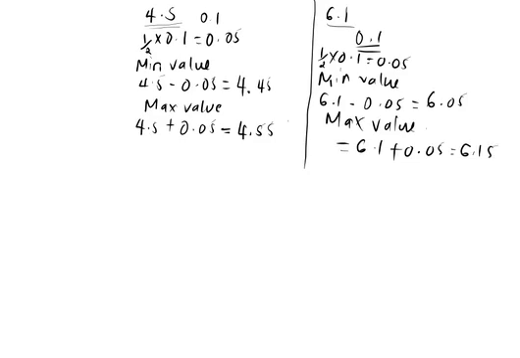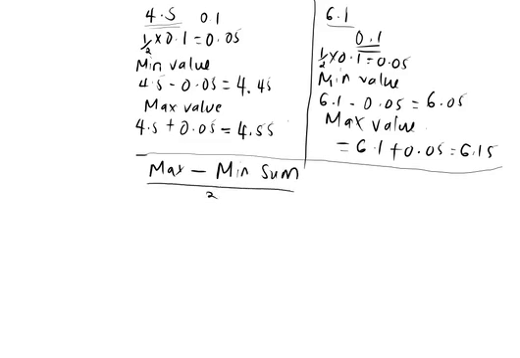6.15. Now, for us to get the absolute error in the sum of these two values, we take the maximum sum minus the minimum sum. We divide by 2.